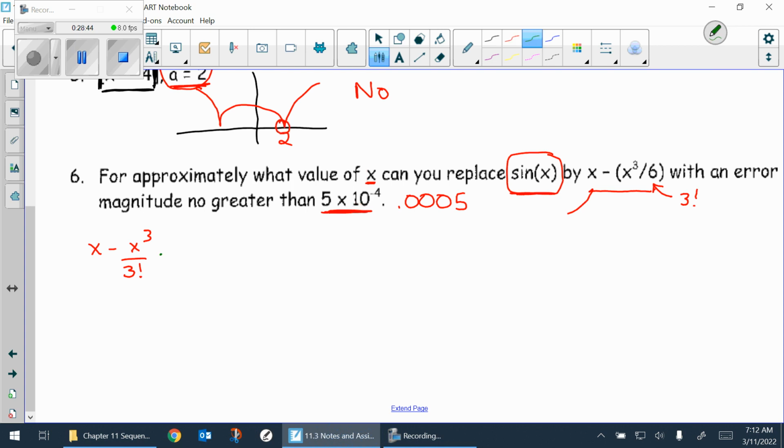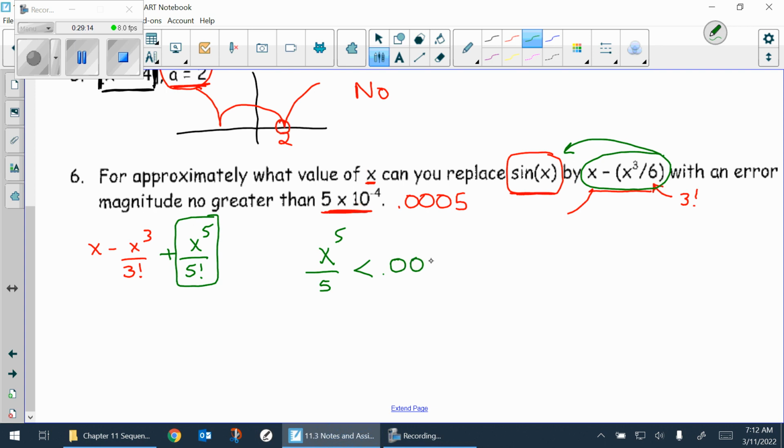The first one that I have not used is going to be the error when I use this polynomial to approximate this function. So x to the 5th over 5 factorial, I got to keep that error under 0.0005.